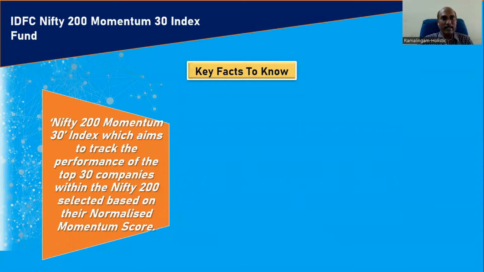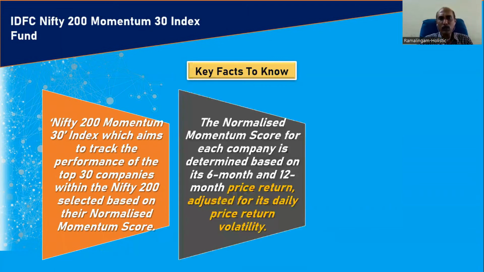This particular index follows something called the momentum factoring method. Based on the momentum score, out of the Nifty 200 basket, 30 top stocks are chosen based on the normalized momentum score. How is this normalized momentum score calculated?